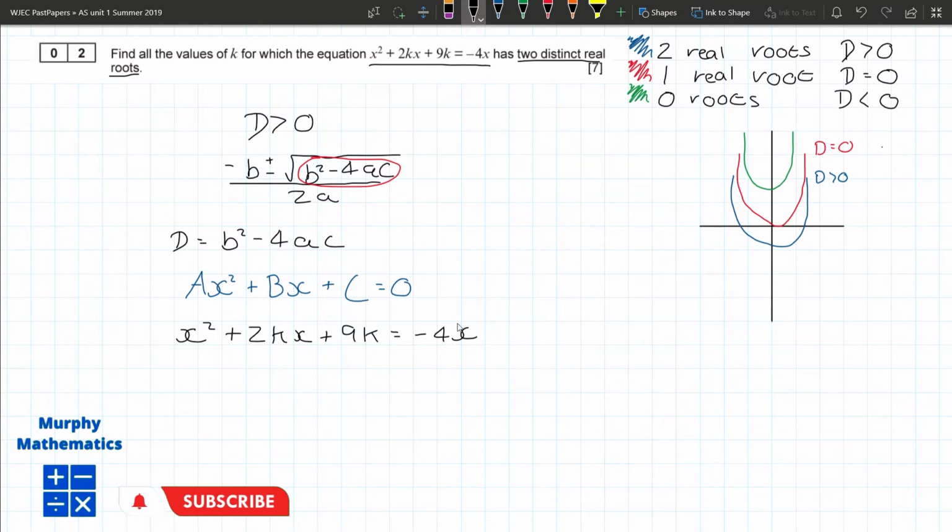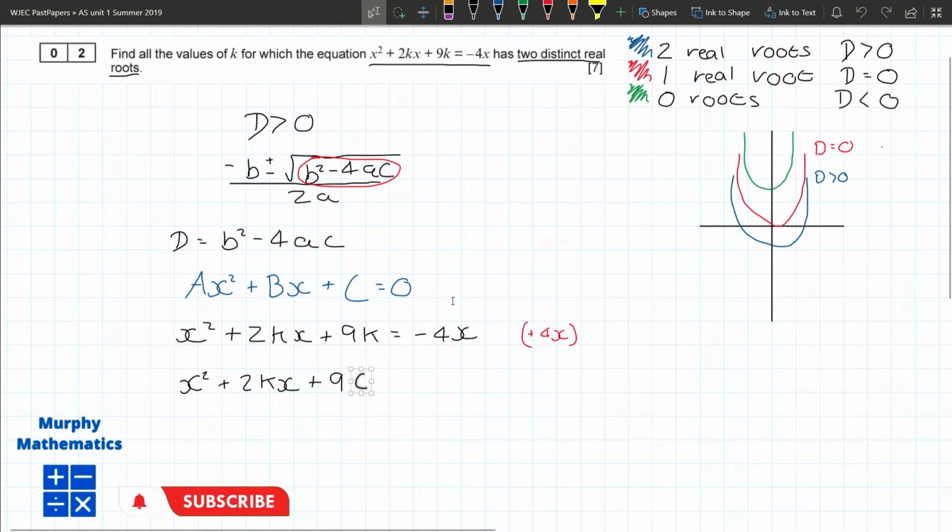The first thing I'm going to do is get 0 on the right hand side, so I'm going to add 4x to both sides. So I'll have x squared plus 2kx plus 9k plus 4x equals 0.